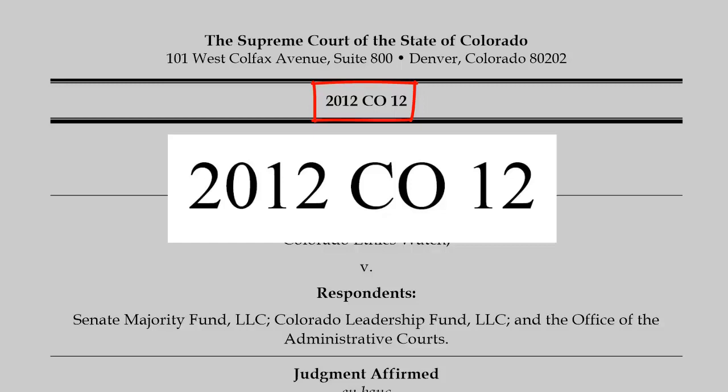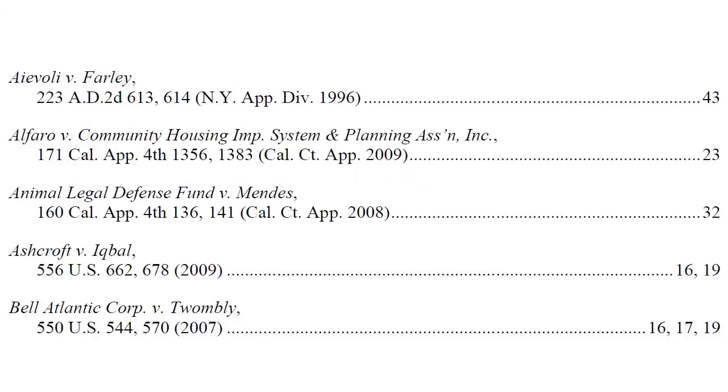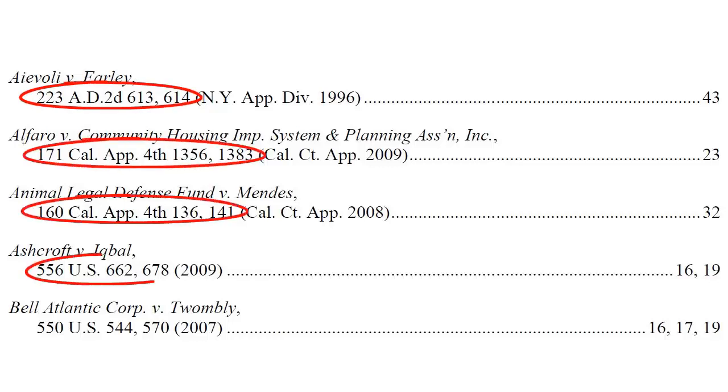For example, 2012 CO 12, identifying the 12th decision of the Colorado Supreme Court handed down in 2012. If the jurisdiction has not yet let go of print identifiers, one or more sets of print case reports or reporters supply the necessary ID, assuming that the cited case has been published.